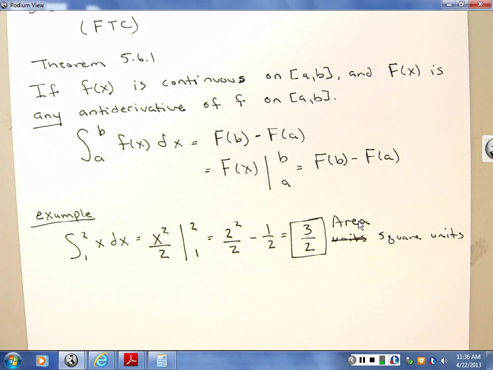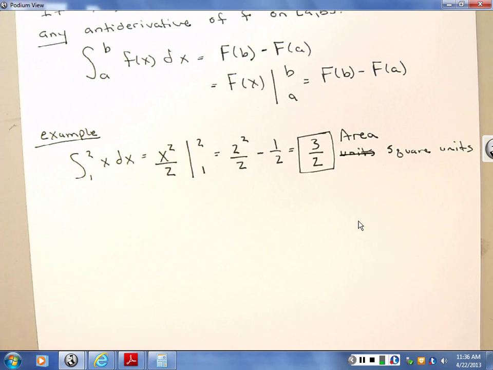I get position. So we're going to talk about position, velocity, and acceleration revisited in 5.7 and 5.8. It's kind of the same thing, but they won't name it that. They'll say, if I take a function, I differentiate it, I get another function. If I integrate it, I get the original function. So it might say, what's the original function? And then we'll talk about average velocity, average rate of change, things like that, and how to calculate using integrals.